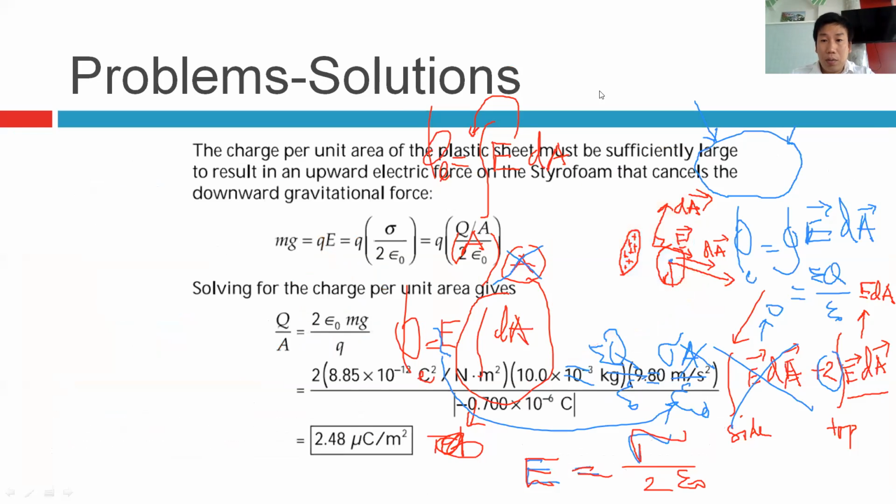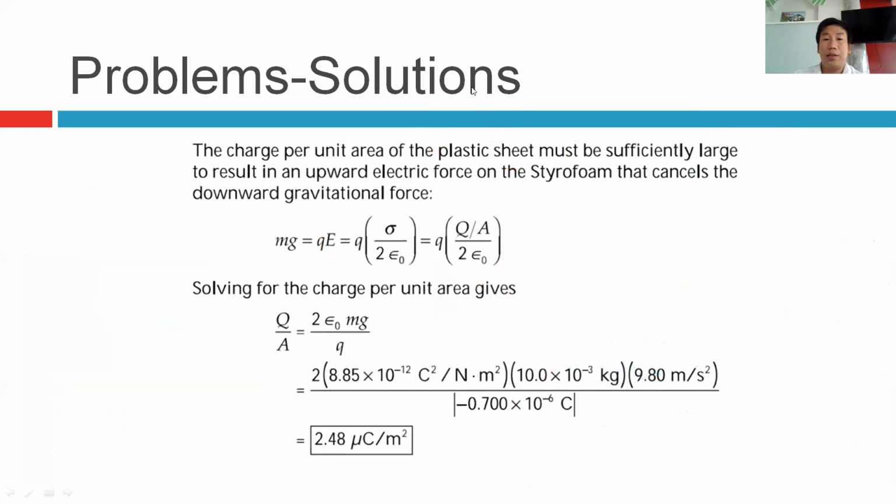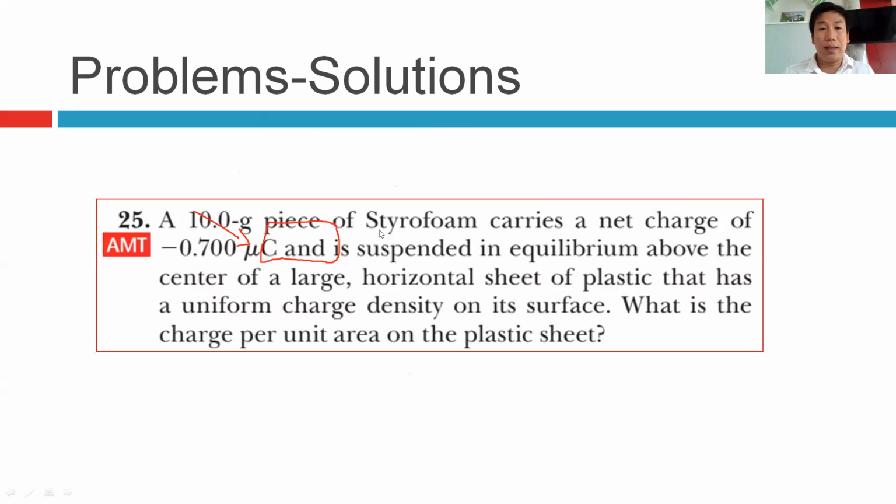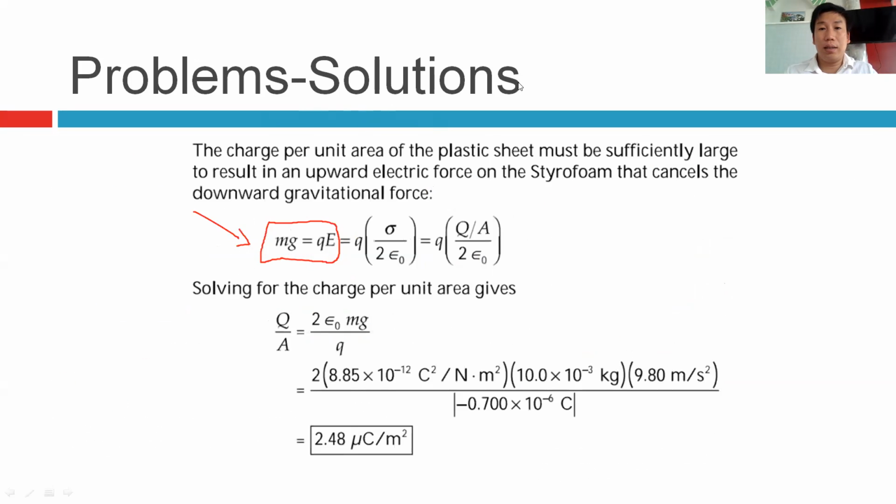And we already know the electric field calculated in that way, and Gauss's law is applied again to our problem. The condition for the stabilization of a charged surface, the styrofoam piece, is the stable condition.